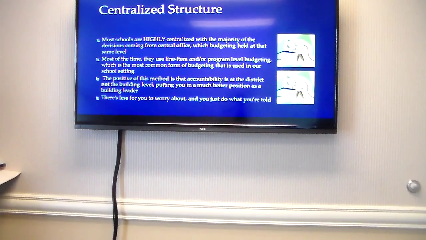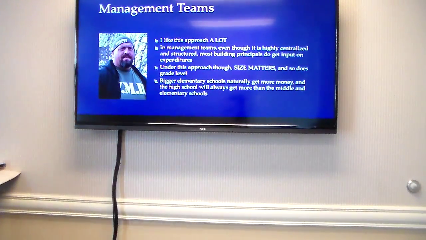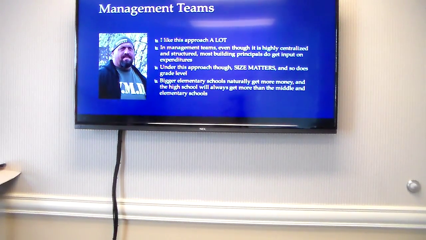So in most schools, everything comes from central office. They make budgeting decisions, they set the tone, accountability is kept at the district level, and you might not have access to a lot of the information. Basically what you do in this situation is you just sit there and do what you're told, and there's not much to worry about. That can be good, but there can be challenges with that as well. In management teams, it's highly centralized at the district level, but different people have input.